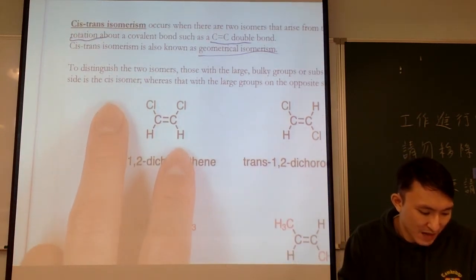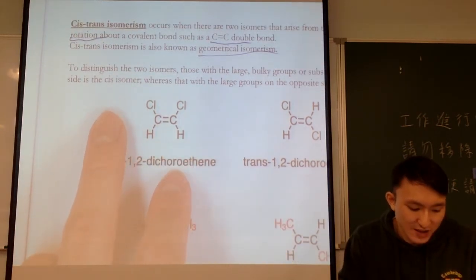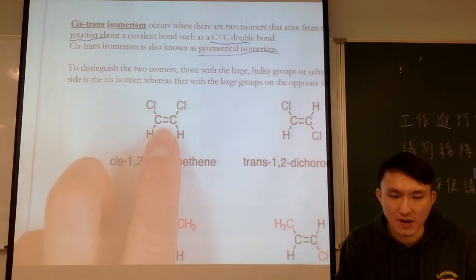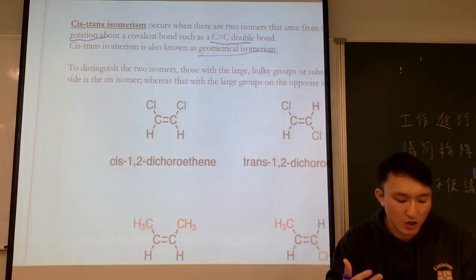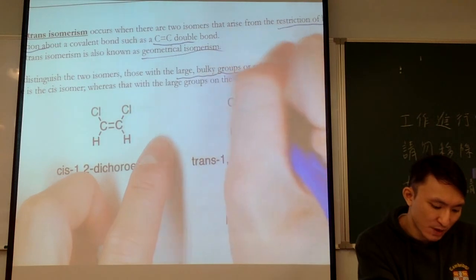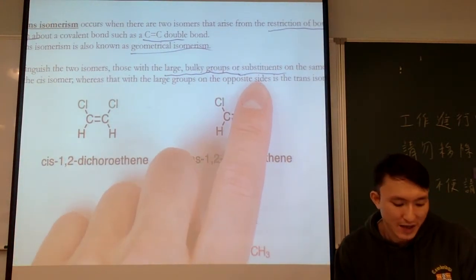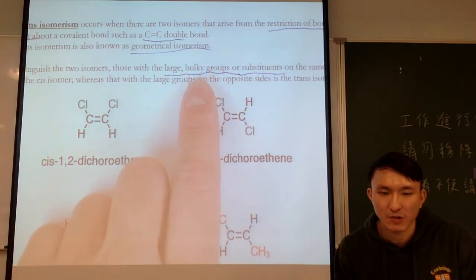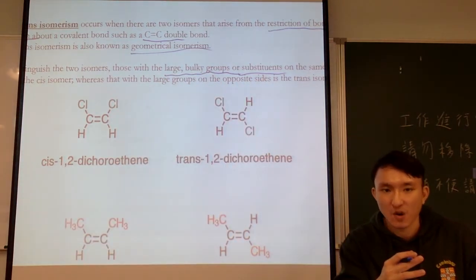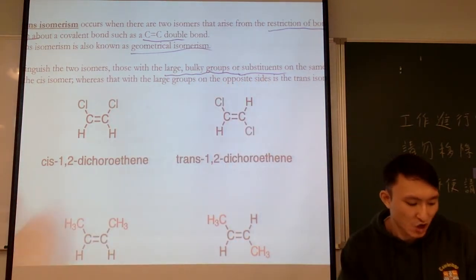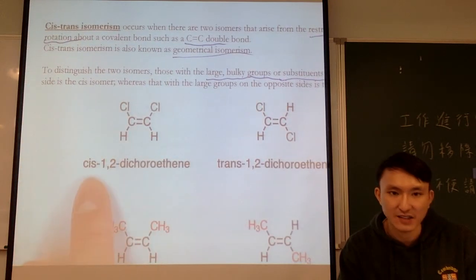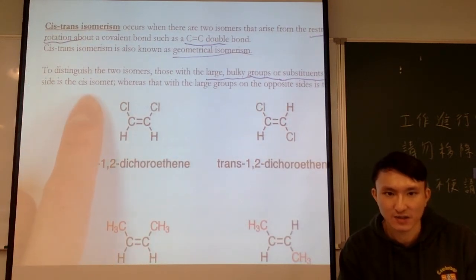Now, how do we distinguish them? Usually we focus on a C=C double bond, and we focus on the large bulky groups, the substituents. We look at whether these bulky groups are on the same side or on the opposite side. If they are on the same side, then we call it a cis isomer.